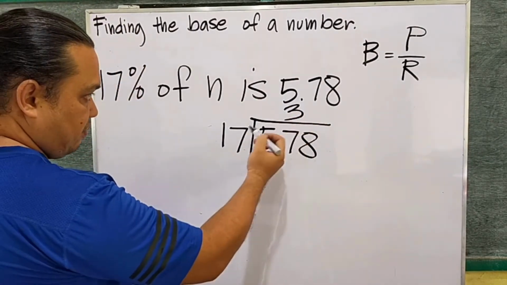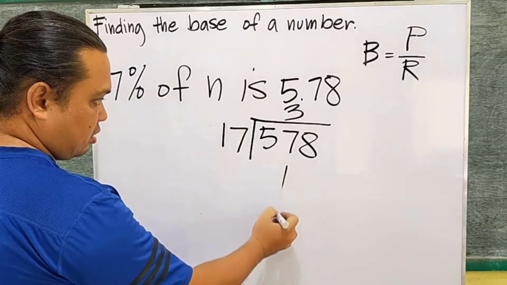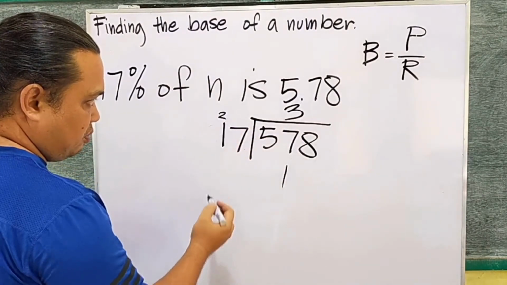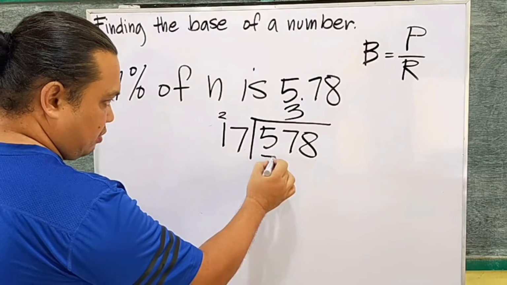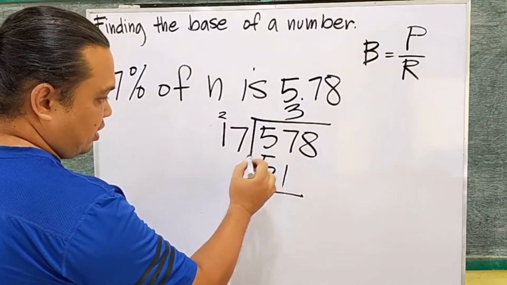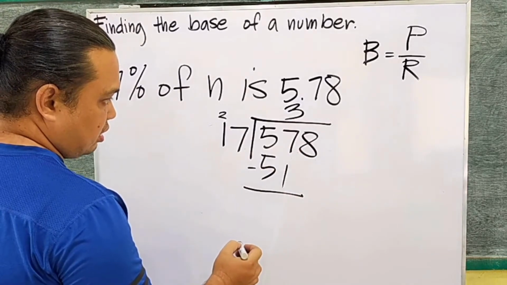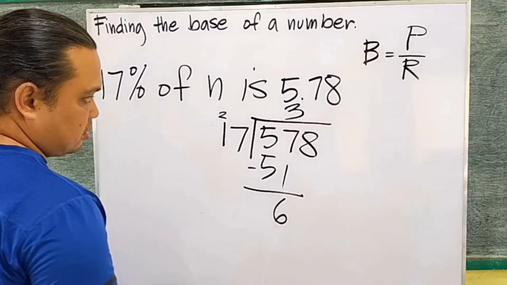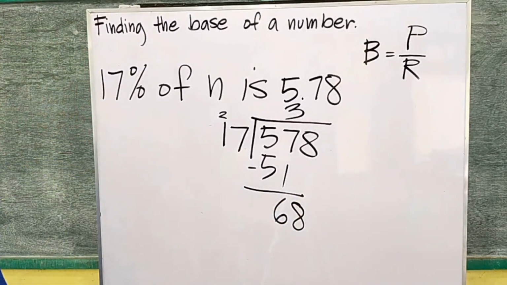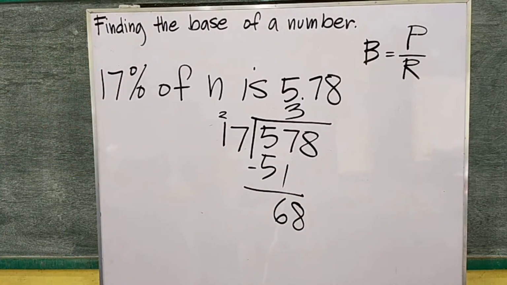Now 3 times 7, that's 21. 1 carry 2. So 3 times 1, that's 3 plus 2, that's 5. So we have 51. Now 7 minus 1 is 6. Bring down 8. So we have here 68 divided by 17.